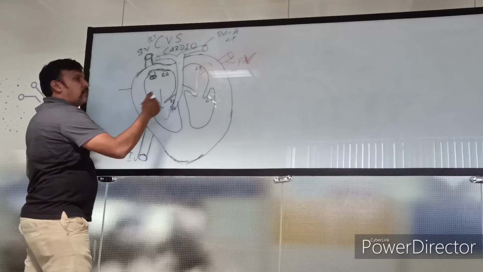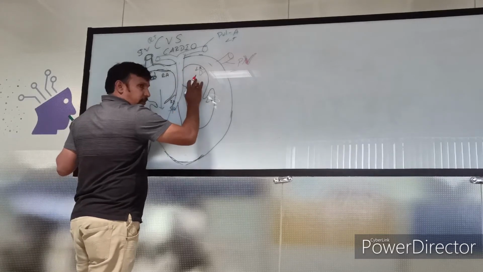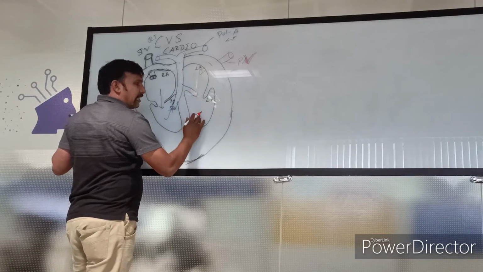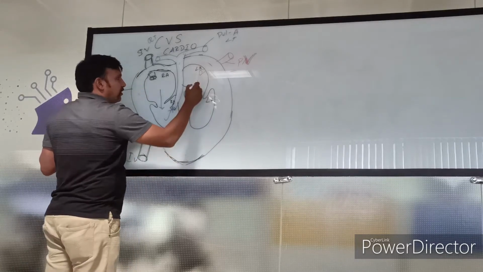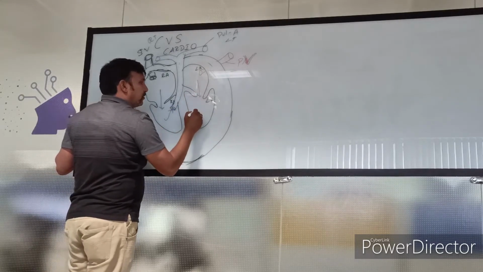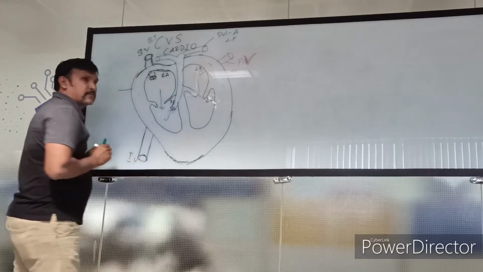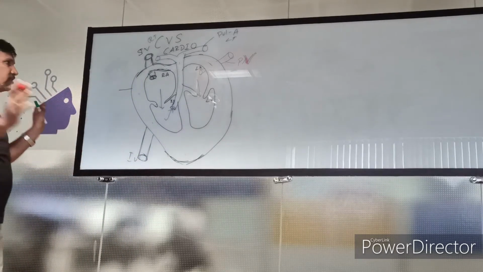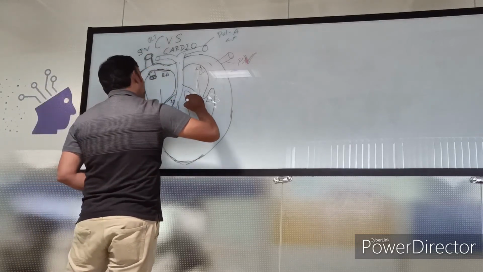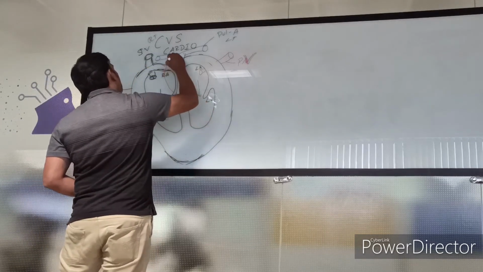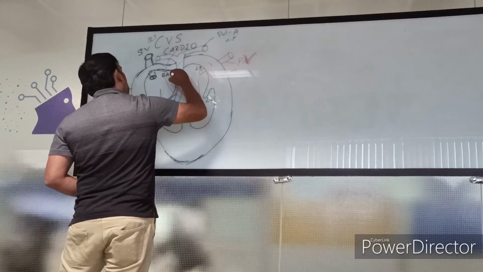So it came back to the left atrium and then the left ventricle. When diastole happens, relaxation, the valves open, then it goes into the left ventricle. Till now? Then this contracts, and from here the largest artery goes out to the different parts of the body.